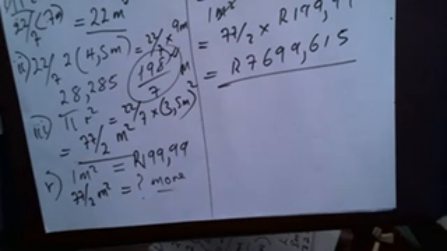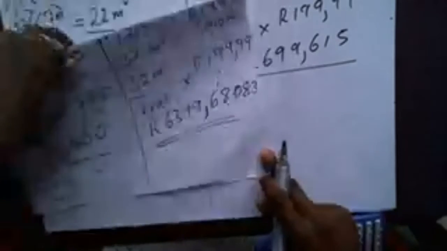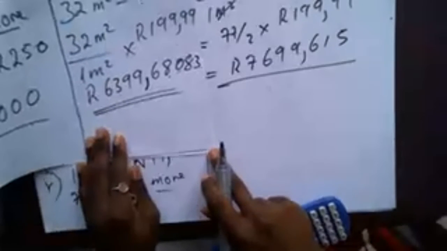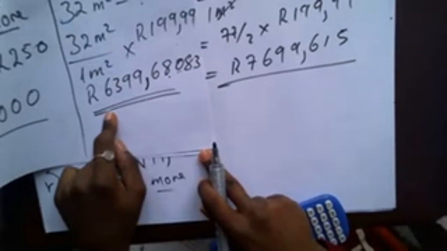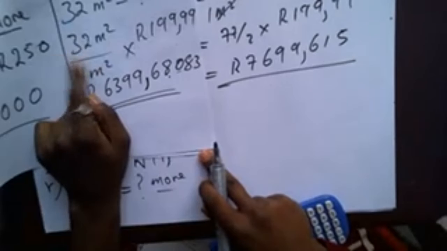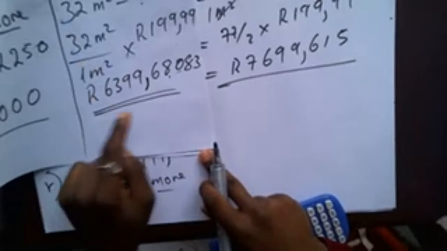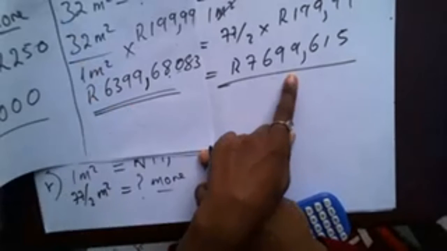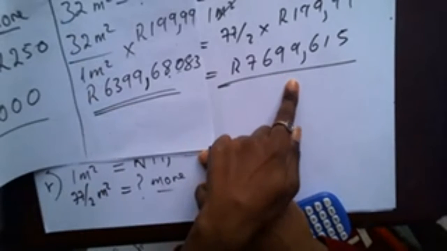What do you think, guys? In our previous one, where we were asked to calculate, we were dealing with 32 meters squared, and this is the amount of money they had to pay: 6,399, because they needed to cover a space of 32 meters squared, which is a little bit smaller than this circular one.